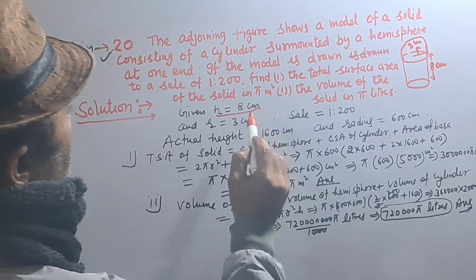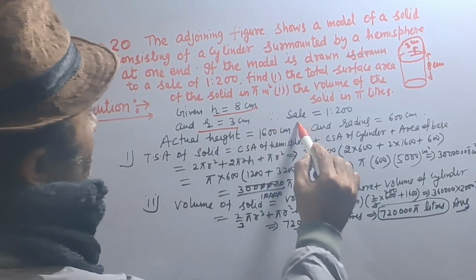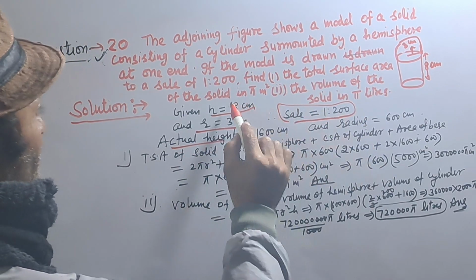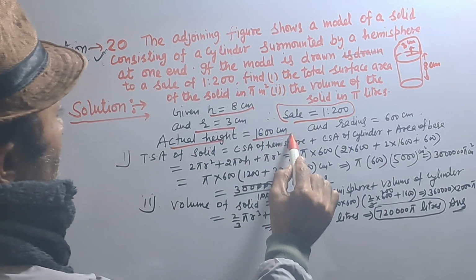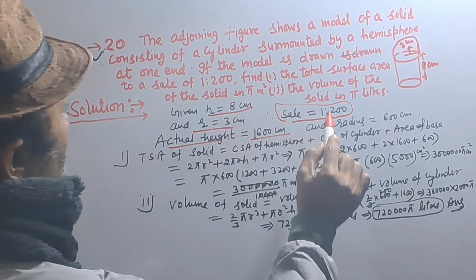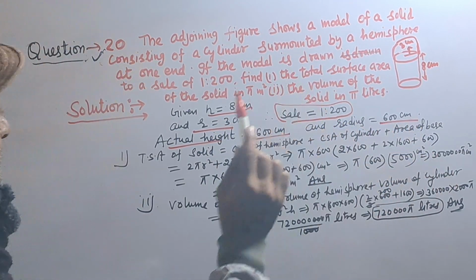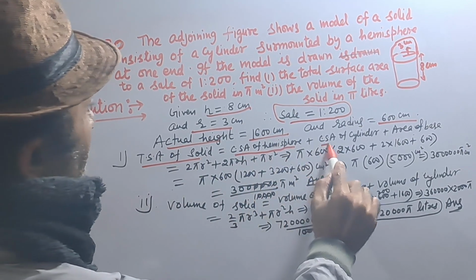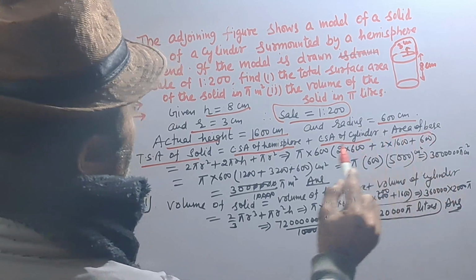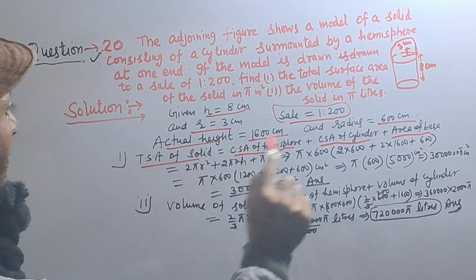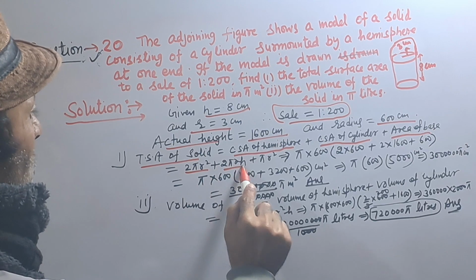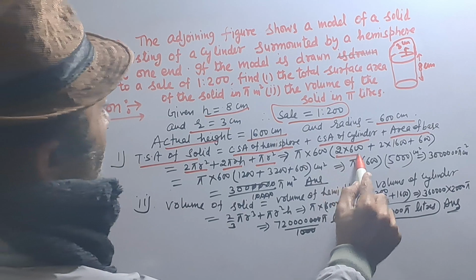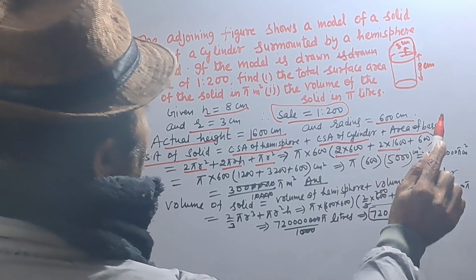Answer. Given height is 8 centimeter and radius is 3 centimeter, scale is equal to 1:200. So actual height, that is 2 8s are 1600 centimeter and 3 2s are 600 centimeter is the radius. Total surface area of the solid is equal to the curved surface area of the hemisphere plus the curved surface area of the cylinder plus the area of the base: 2 pi r square plus 2 pi r h plus pi r square. Pi and r are taken common in bracket: 2 into r plus 2 into h plus r.